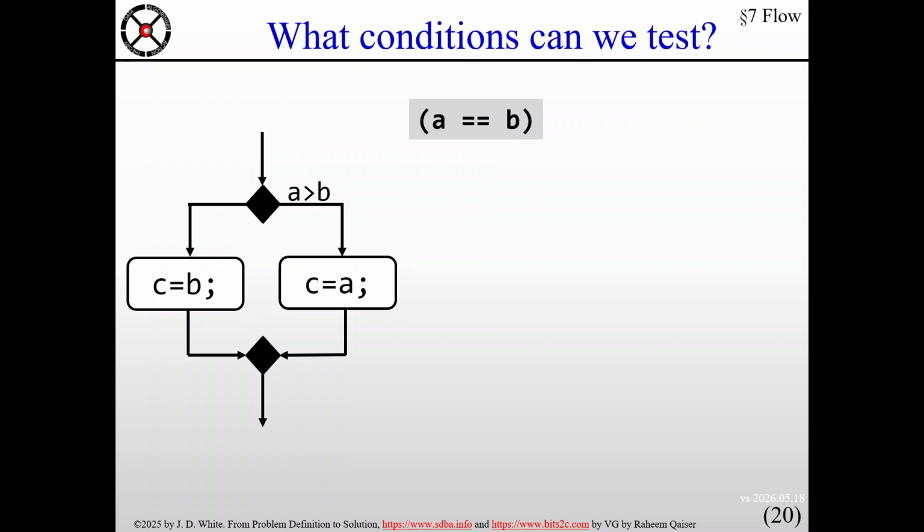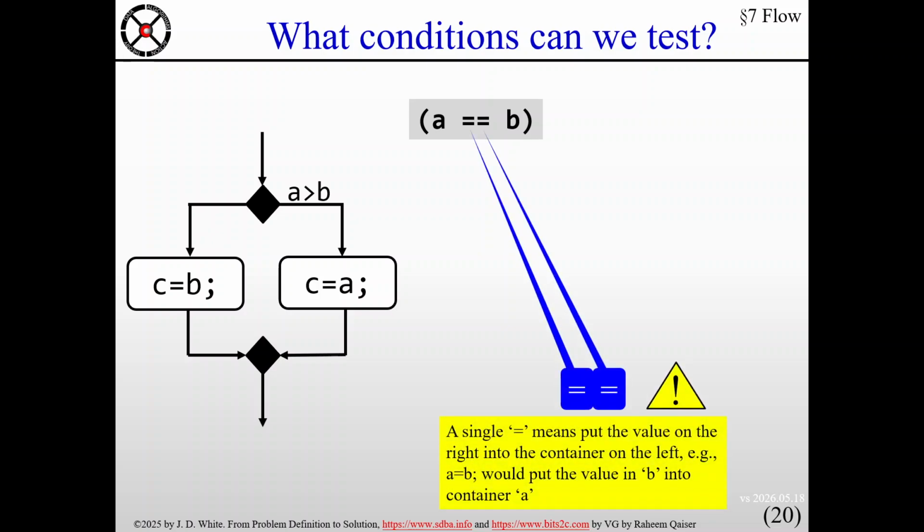If I want to check if what's in container A is equal to the contents of container B, I have to put 2 equal signs together. This is a very common mistake. That's testing if something's equal.